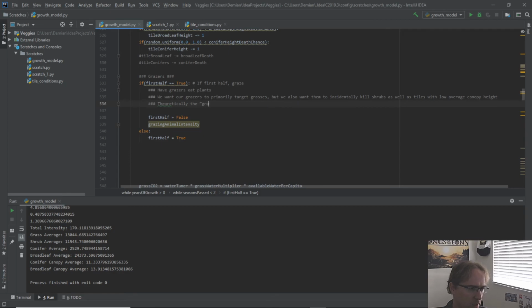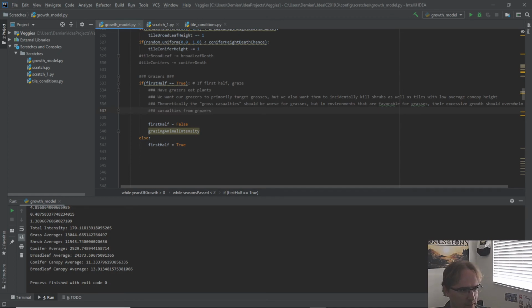Theoretically, the gross casualties should be worse for grasses, but in environments that are favorable for grasses, their excessive growth should overwhelm casualties from grazers, and long term will enrich soil organics and spur additional growth.